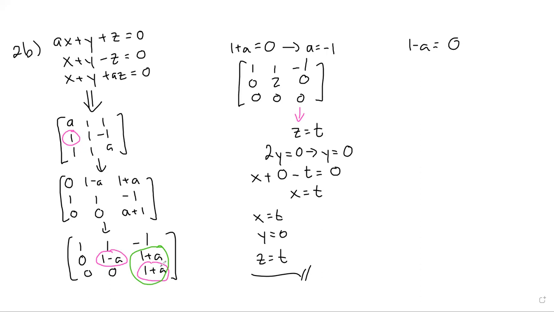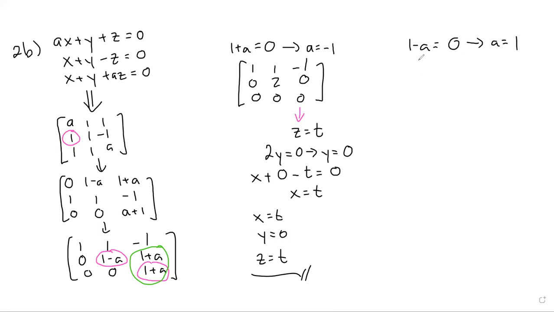These things may or may not cancel each other to some capacity, but I would never be able to get a leading entry in that second row or second column just because that thing is a 0. So it means I'm going to have a free variable somehow. And so this is also going to give me non-trivial solutions.